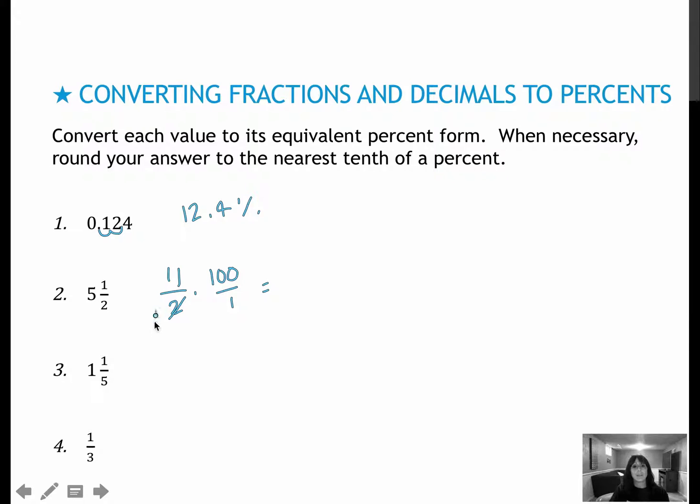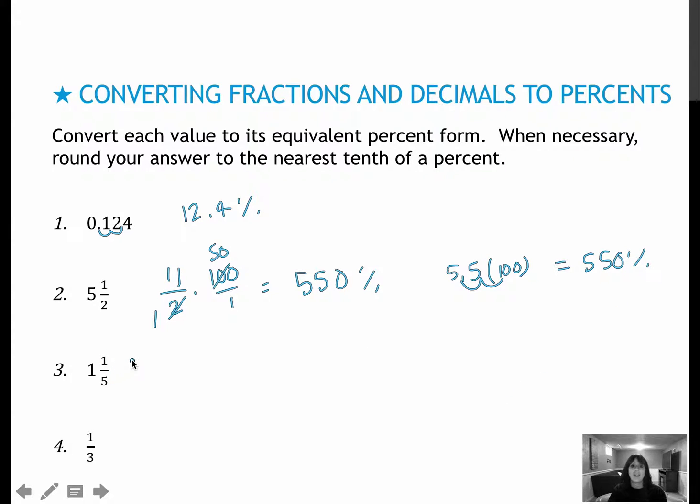Either way, we get the same answer. If I take 11 times 50, I get 550. And that is what my percent would be, 550%. I would get the same thing, turning that into 5.5, multiplying it by 100, so I would move it 2 places, which is 550%. Either method is fine.